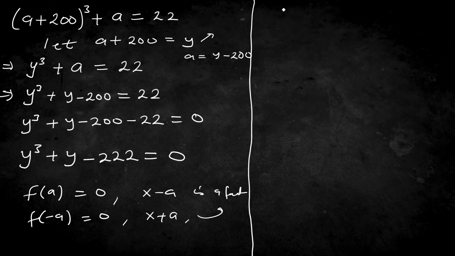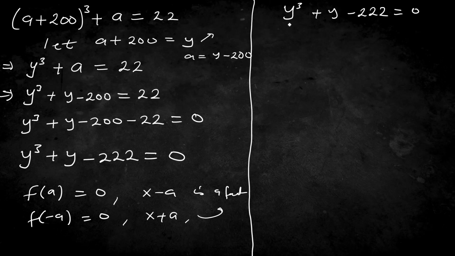We have y cube plus y minus 222 equals 0. Let's put 5 here.